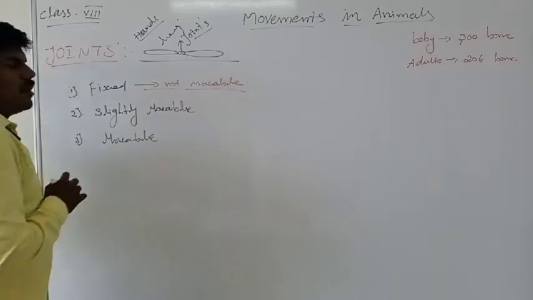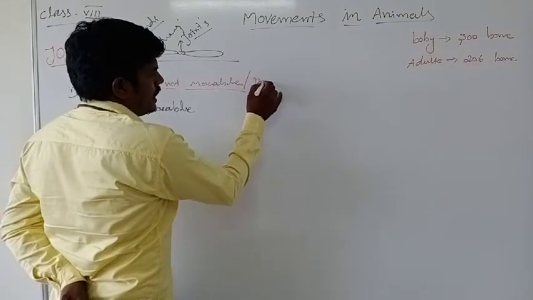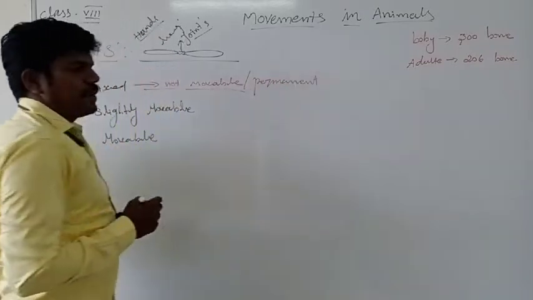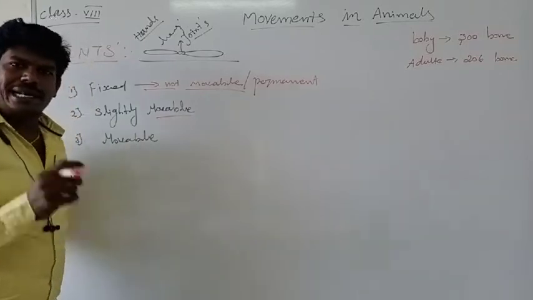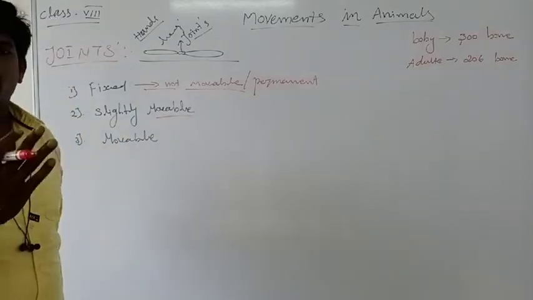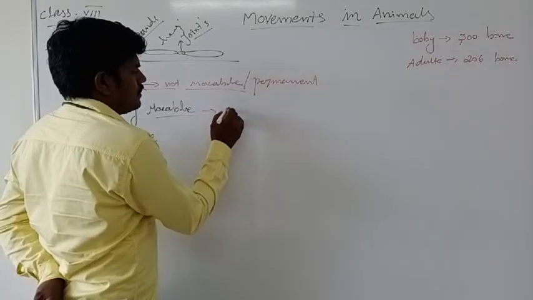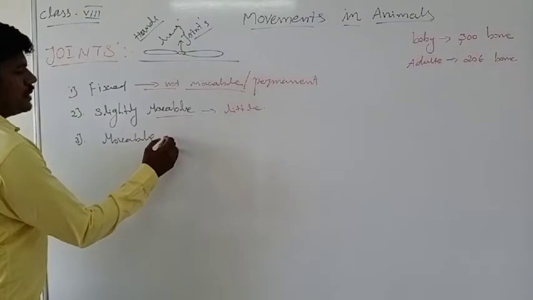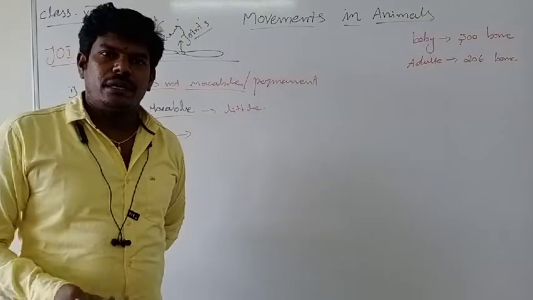That means it is permanent. Slightly movable means a little bit, not moving flexibly. And movable joints are present with flexibility.